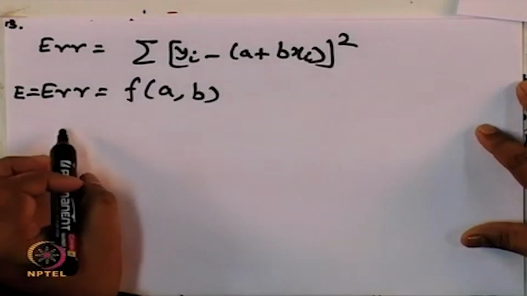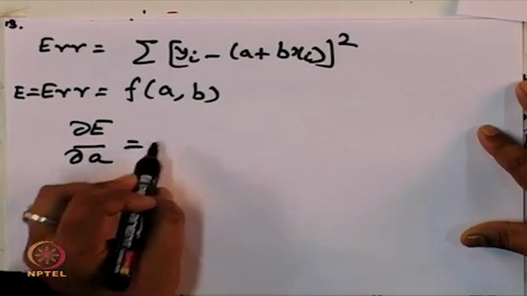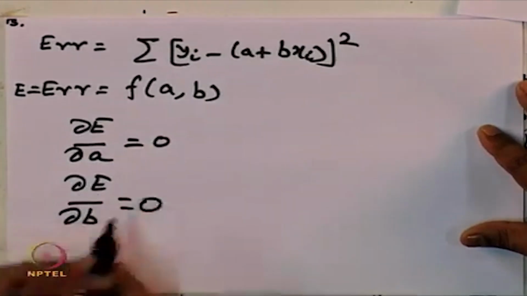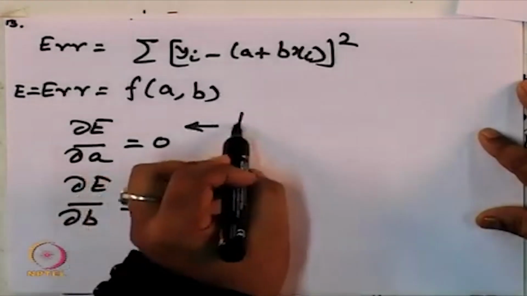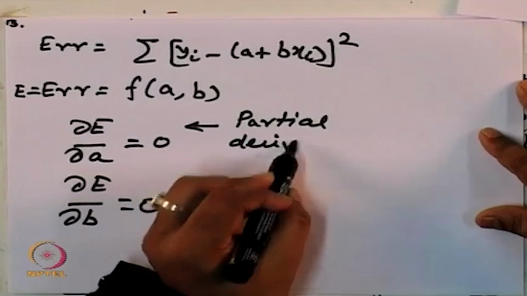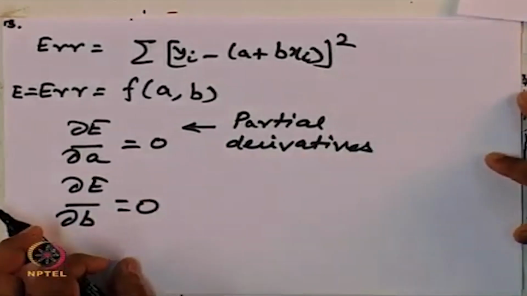So, I write down two equations, del E of del A is equal to 0 and del E of del B is equal to 0. Okay. So, these are called partial derivatives.